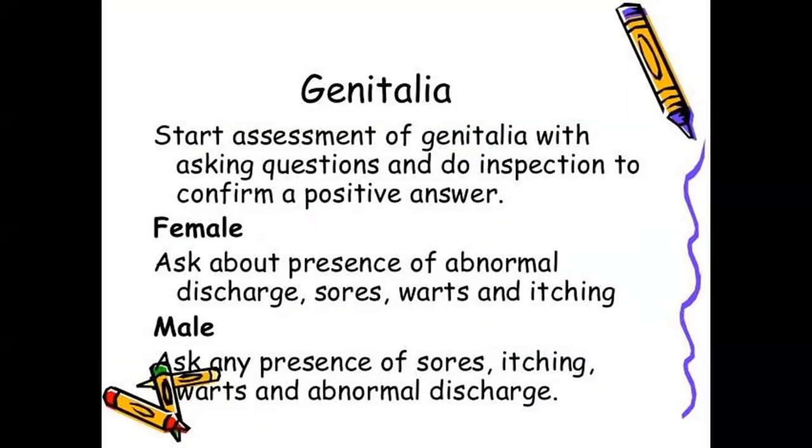A male person, if you are inspecting, you have to ask whether there is any sore, itching, warts or abnormal discharge. So for both male and female, you will be asking whether any sore, itching, warts, abnormal discharge is present or not. So you will be inspecting or asking questions related to the genitalia with the patient.